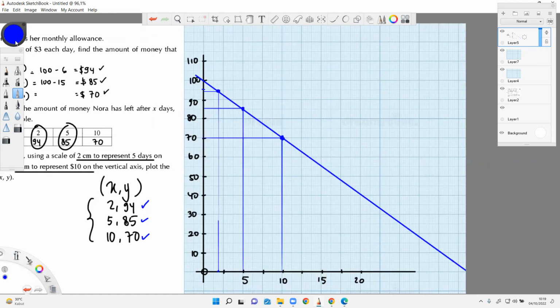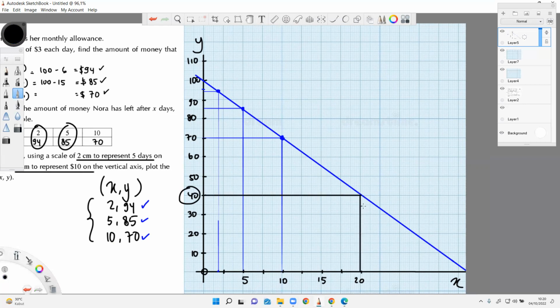Can you guess how many days are required for Nora to make her account $50? How many days does it take Nora until the leftover of the money is about $40? How long? 20 days. That's it.